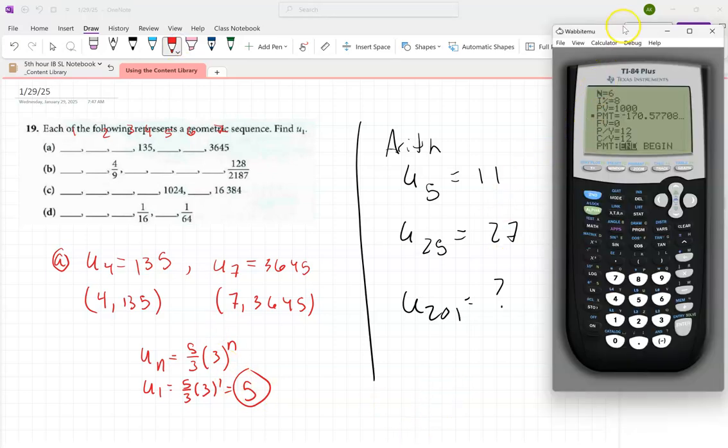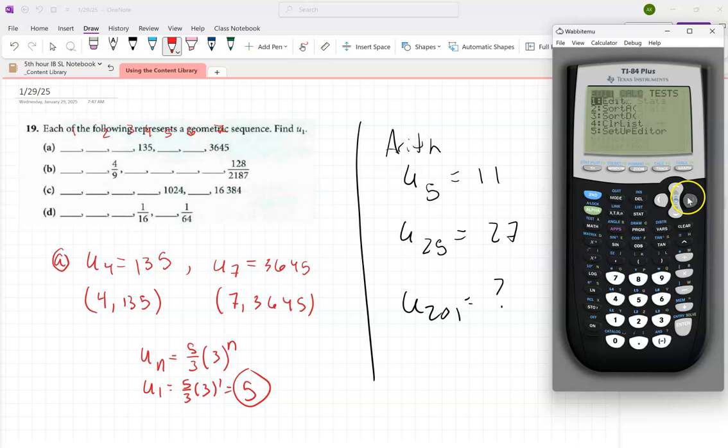So again, I'll do this all in my calculator. I might write down a little work to go with it. This is a type of question that Alyssa asked about, yes, that was listed in the quiz description. So I just set up my points 5, 11, and then 25, 27.